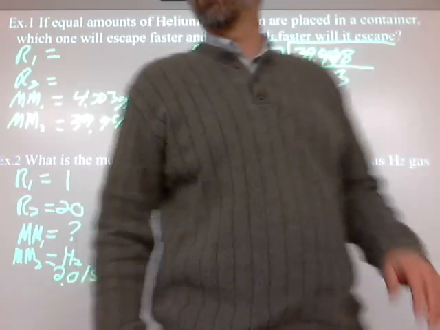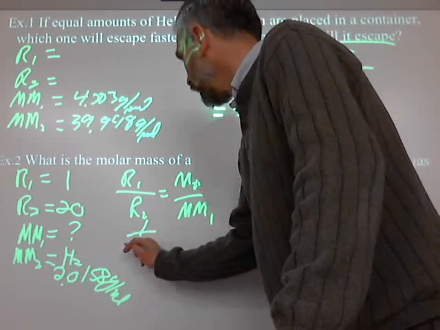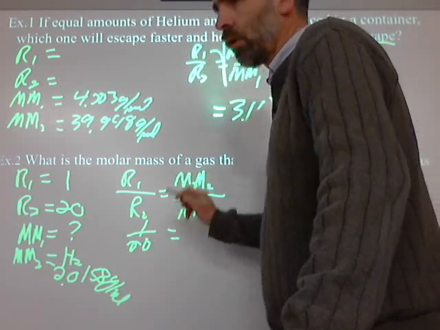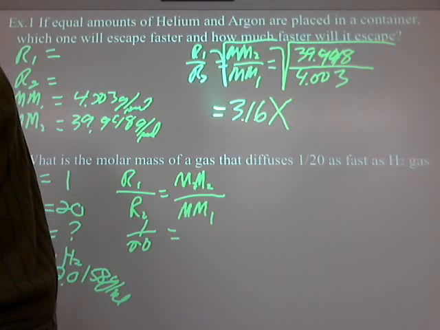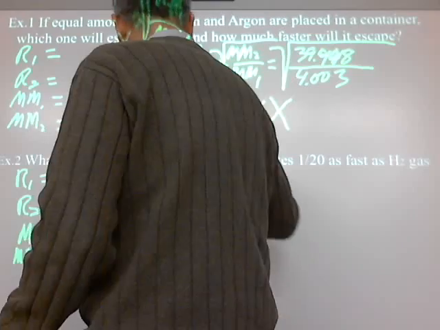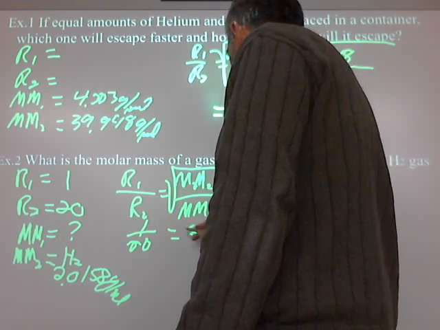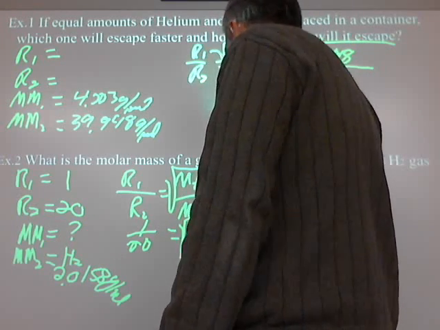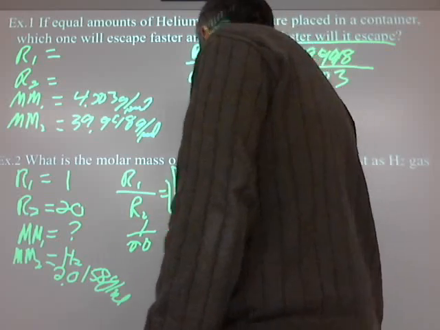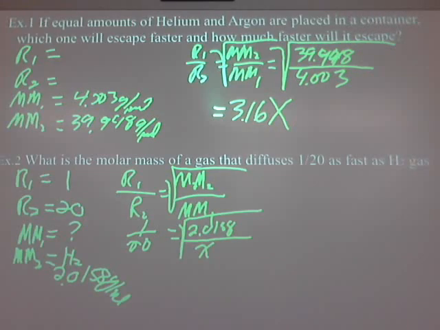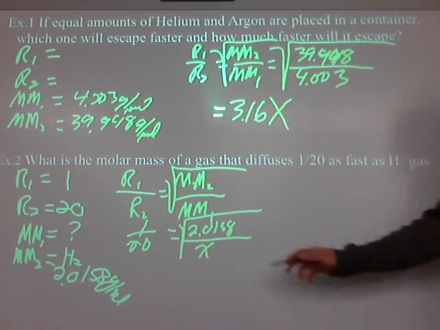What's R1 over R2? It's basically 1/20th, equals, let's plug our numbers in, the square root of M2, which is 2.0158, over basically X. Let's do 1 over 20.